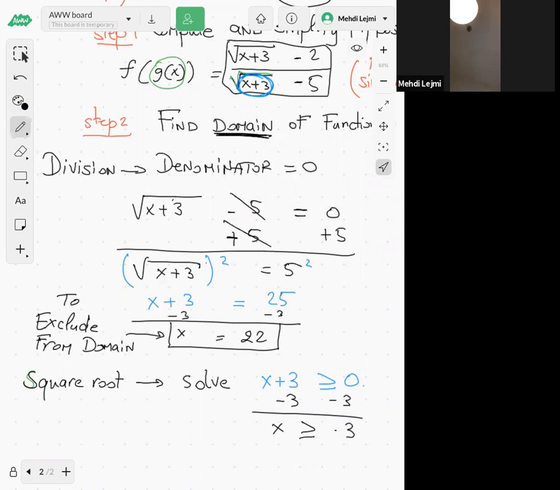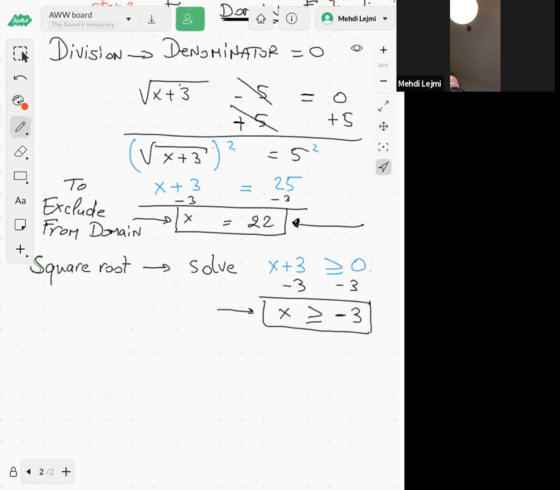Okay. So what we are saying, guys, is that your x must be larger or equal to negative 3. And then you have to exclude this 22. The 22 has to be excluded, but your x must be larger than negative 3.